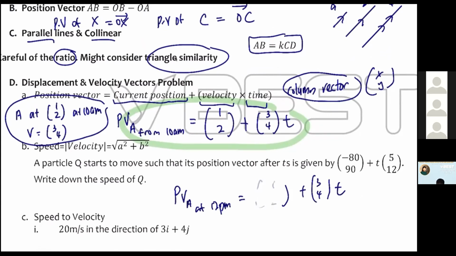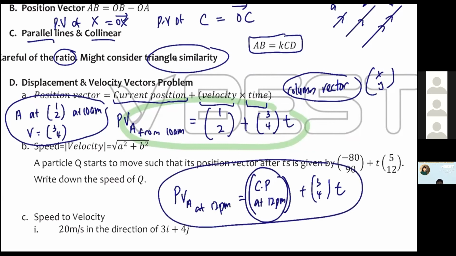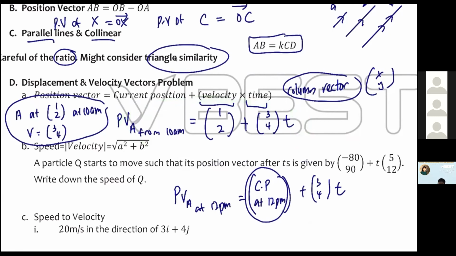The formula tells me I want the current position at the time, which is 12 p.m. So I need to find the position at 12 p.m. first, then I can put it inside here and get my equation. I always tell my students, to understand better, just remember: current position plus velocity times time. Where are you, what is your velocity, and what is the time. So that's the equation.